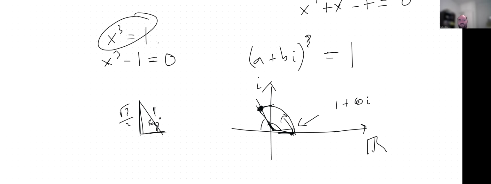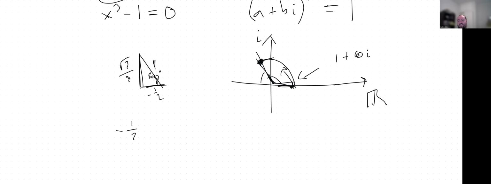So this is 1/2, except it's negative 1/2 because we're actually in this quadrant here where the x is negative. So what we actually have is negative 1/2. That's how far we go on the real axis. Sorry for this terrible writing.